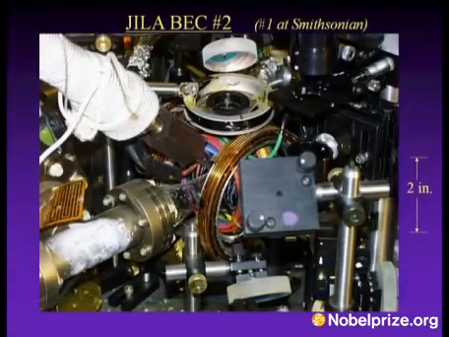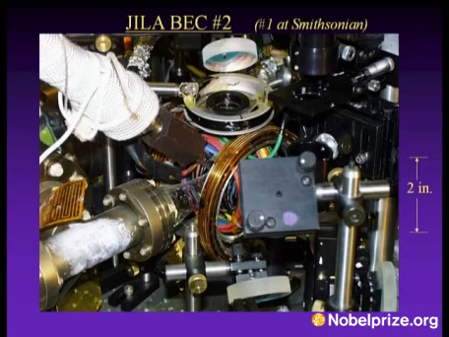And here's what this looks like. This is a completely different scale from Wolfgang's experiment in that we work with just these little glass cells with everything else outside. So now this whole thing is about 10 centimeters across here, glass in there, and then this is all the windings of these magnetic field coils.